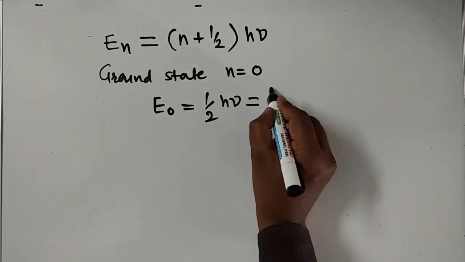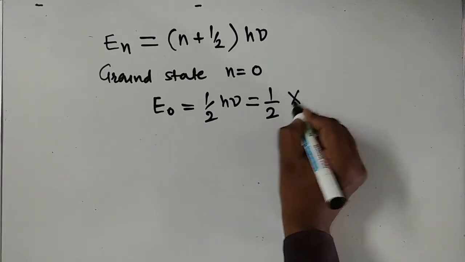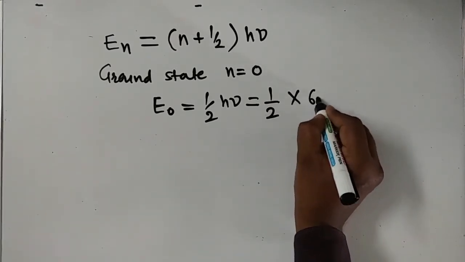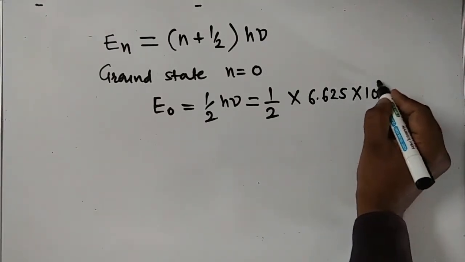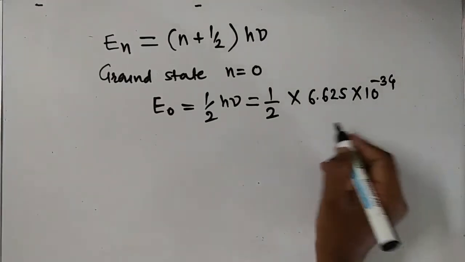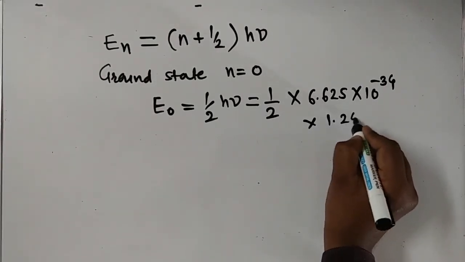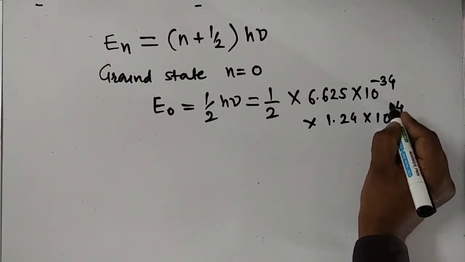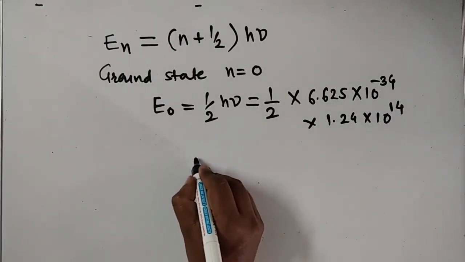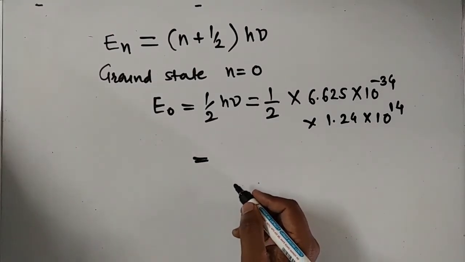So we know the h, so h is Planck's constant, and its value is 6.625 into 10 raised to minus 34, right, into this nu is given, so it is 1.24 into 10 raised to 14 hertz, right. So these values are given, so we can easily calculate the energies.